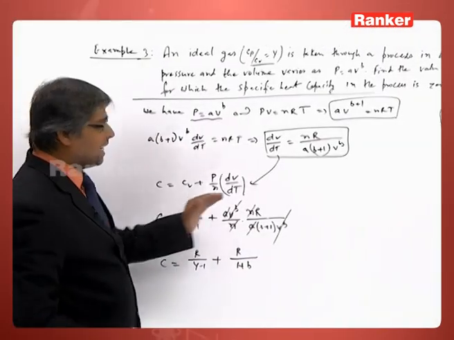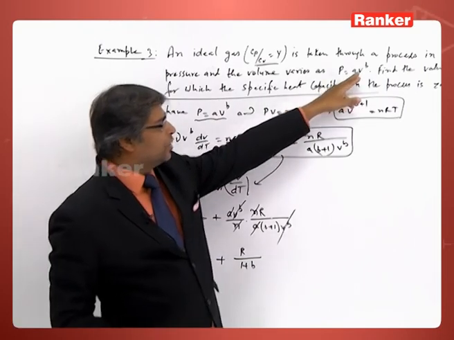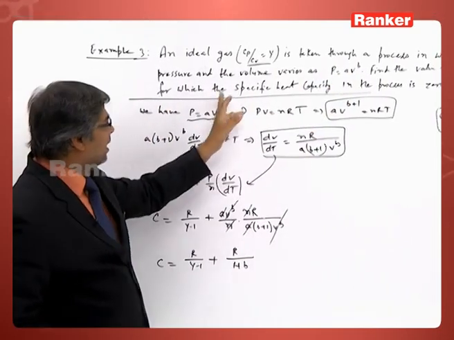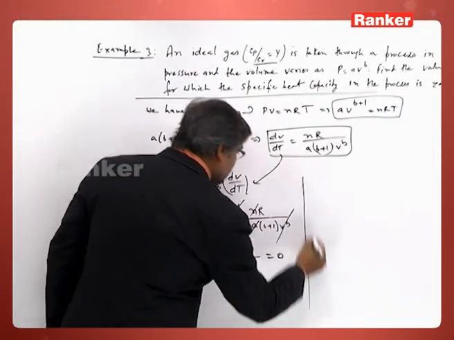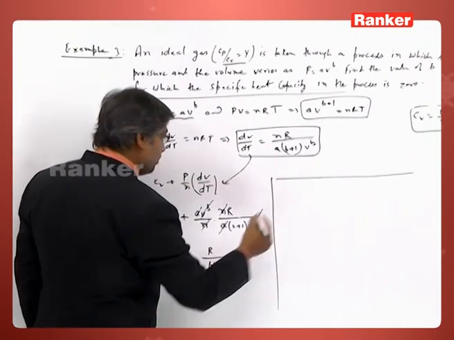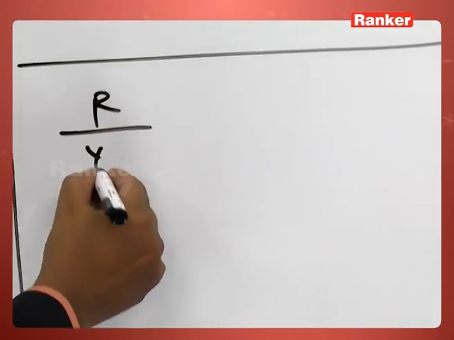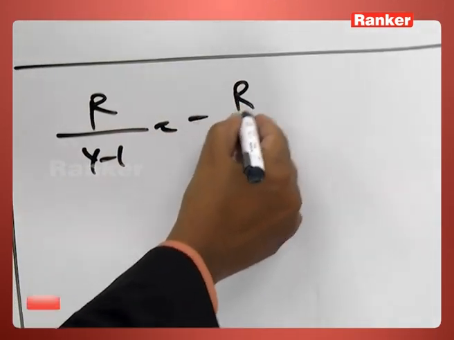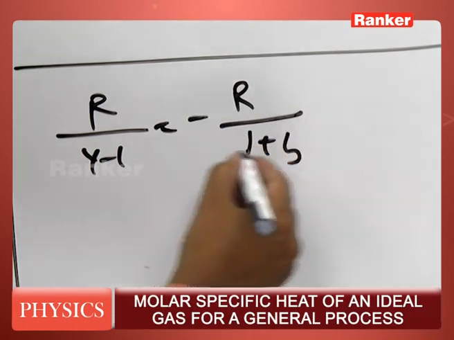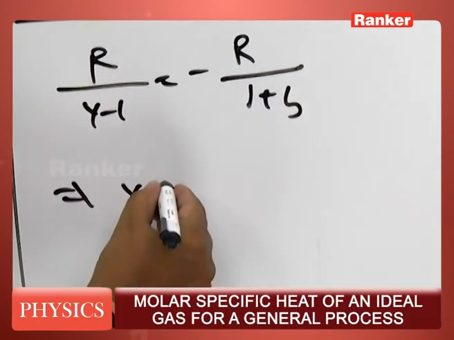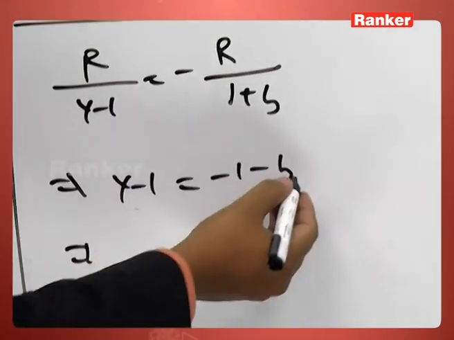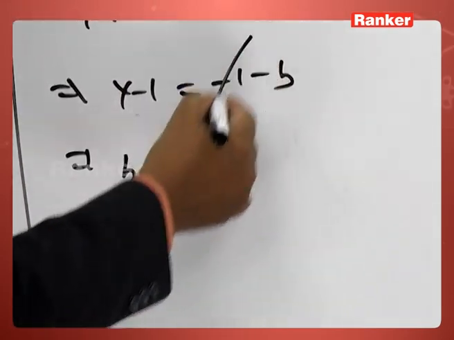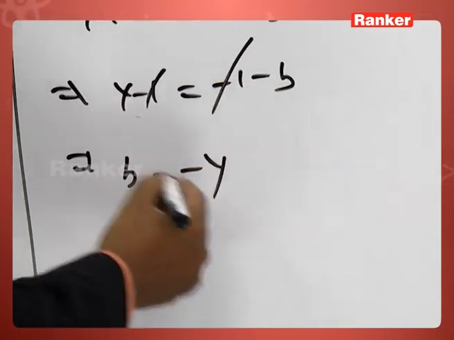Now, it is said, what is the value of B for which the specific heat is 0. So this is equal to 0 according to the question. So we have R by gamma minus 1 is equal to minus R by 1 plus B. This implies gamma minus 1 is equal to minus 1 minus B, so B is minus gamma.